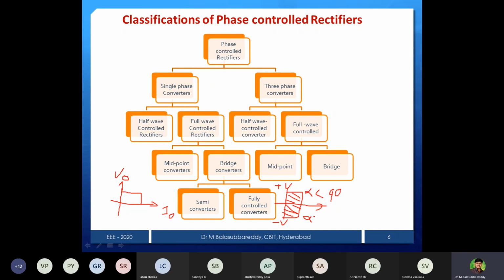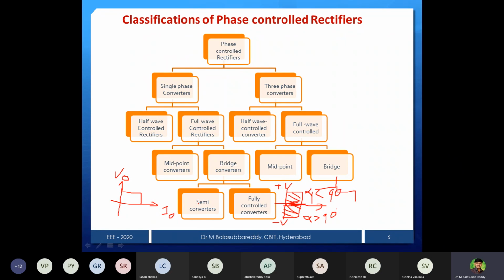And if alpha is greater than 90, we'll get negative voltage. If exactly 90, the output voltage will be 0. That is the scenario we are able to control. In a similar fashion, for three phase also, the bridge converter you can divide into semi converter and full converter. So same logic. This is the major classification of your rectifier.